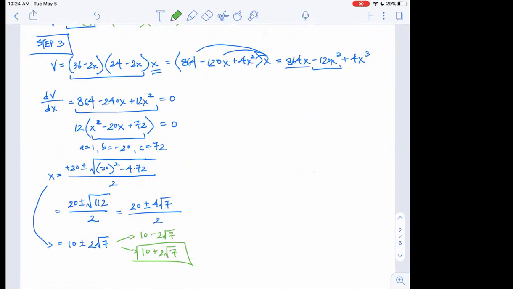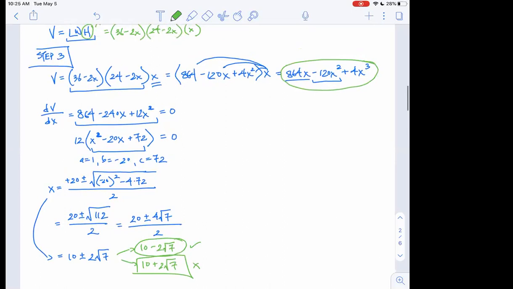Here's how you can check that. You can take this number and plug it back into your volume equation. If you get a negative number, that is a big sign that the number doesn't work, because you can't have negative volume. But if you plug in this number, okay, that number does work.